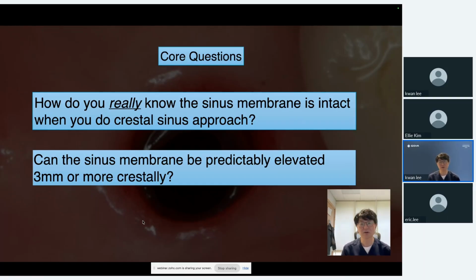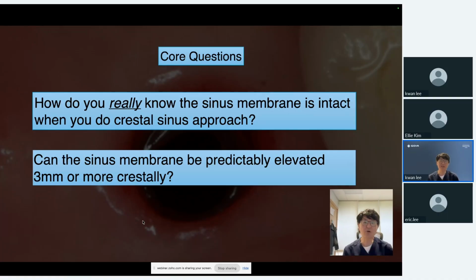Those are the low sinus membrane elevations anybody can do, and any of the conventional, traditional crestal sinus techniques can deliver. But the problem is we want to go higher, because residual bone height is 2 millimeters, and I wanted to deliver implants, let's say 10 millimeters. Then I have to elevate my membrane 8 millimeters high. But you know from your experience, the higher the membrane you are elevating, the more the chances of perforation. So that's the question: how do I elevate the membrane more than the recommended dimension?